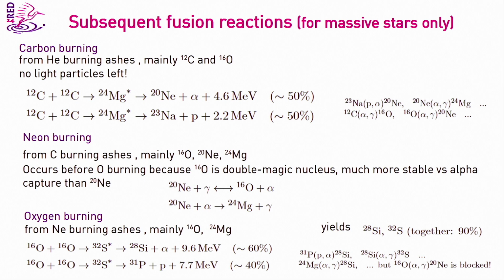And after that, you will have oxygen burning from the ashes of neon burning, and this will produce phosphorus. The phosphorus we are looking for is essentially produced in oxygen burning, which occurs then only in massive stars.